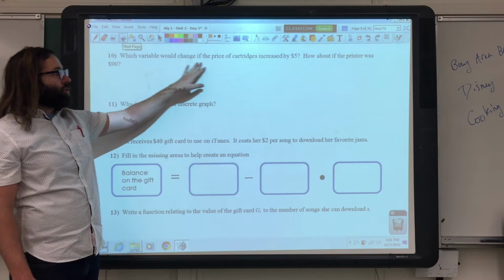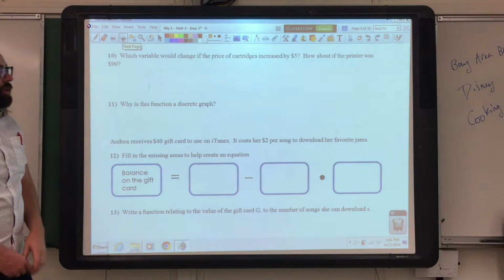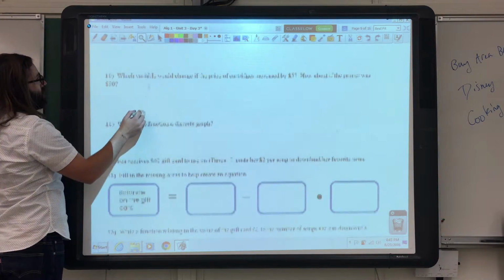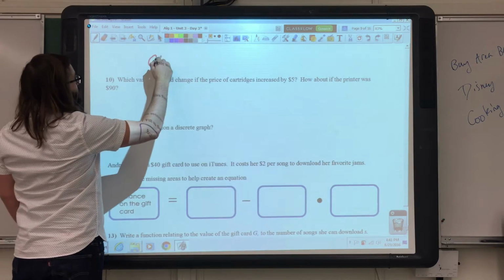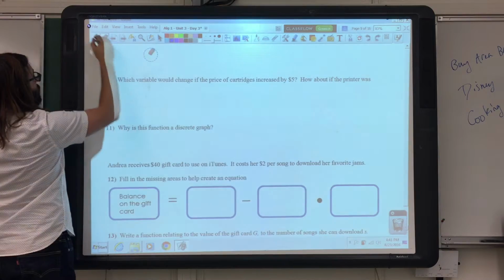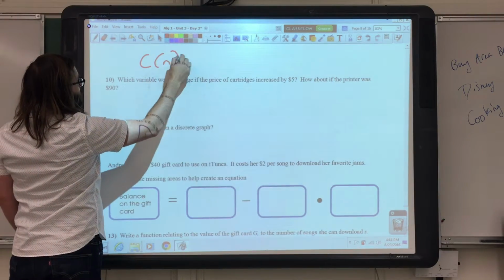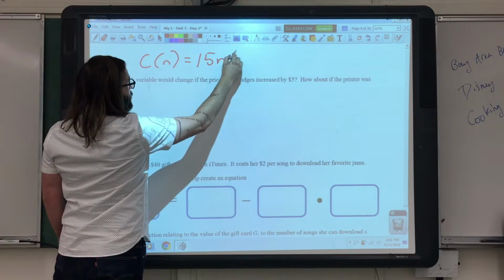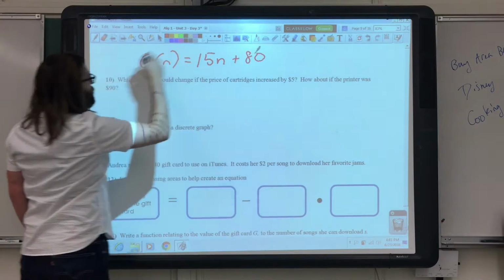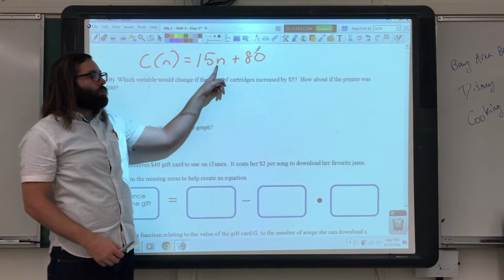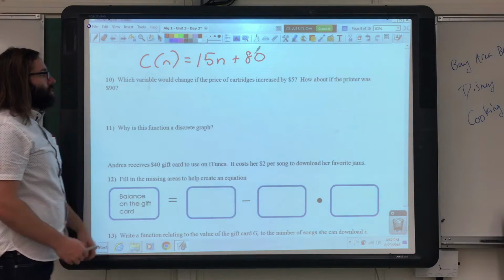Which variable changed if the price of ink cartridges increased by $5? Remember our equation: the cost, which is a function of the number of ink cartridges, is 15n plus 80. Which variable would change?